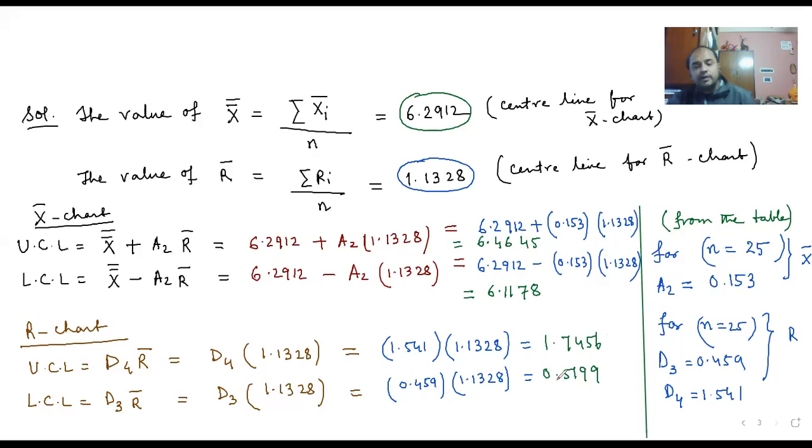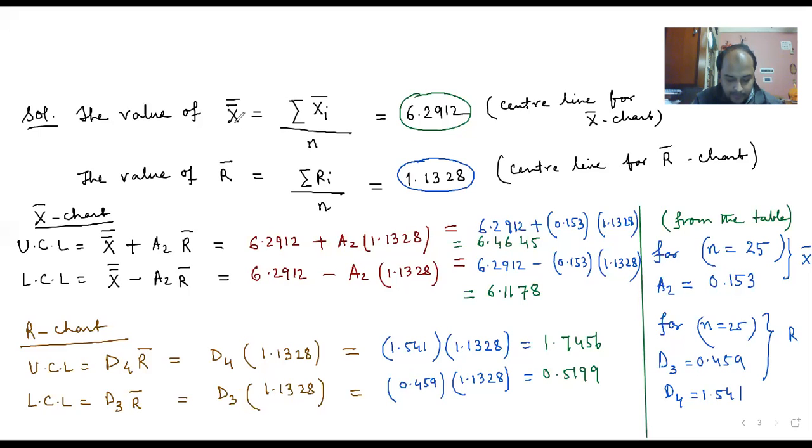Since this class is going to end very soon because of the time limits, in your copy you are going to draw the statistical quality control diagram.